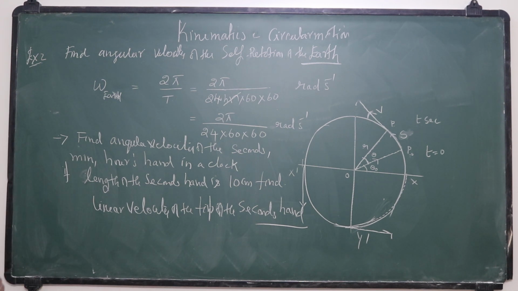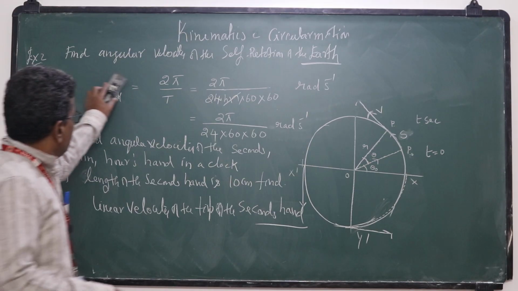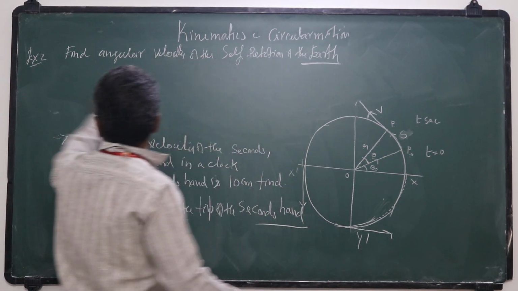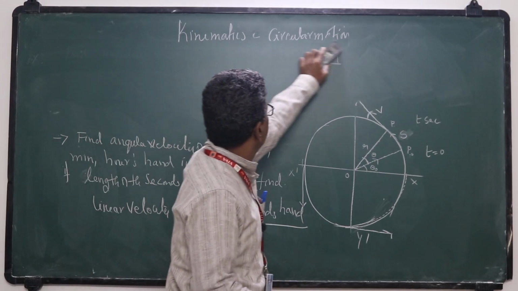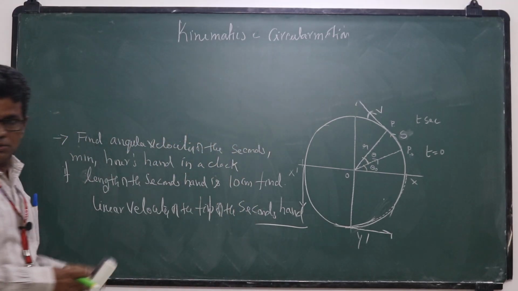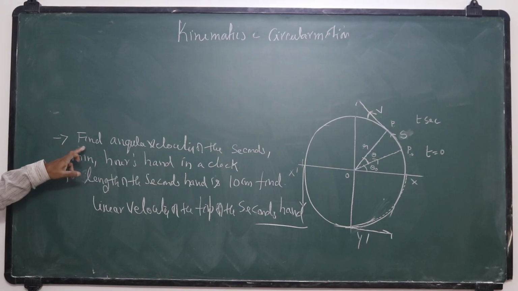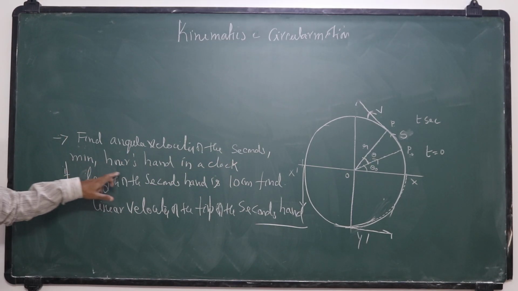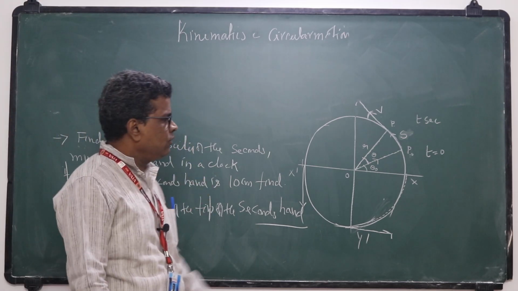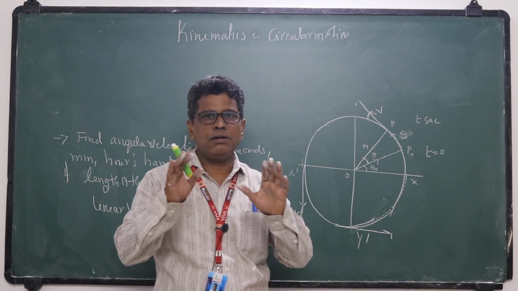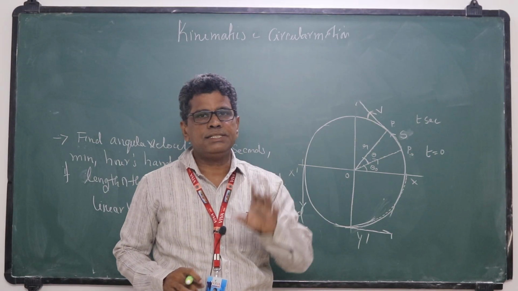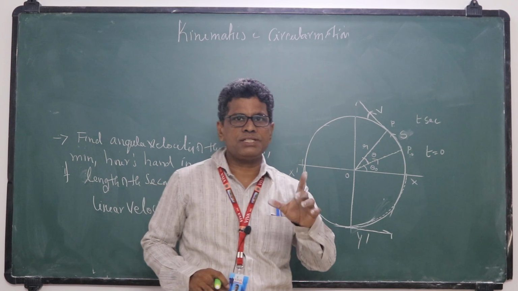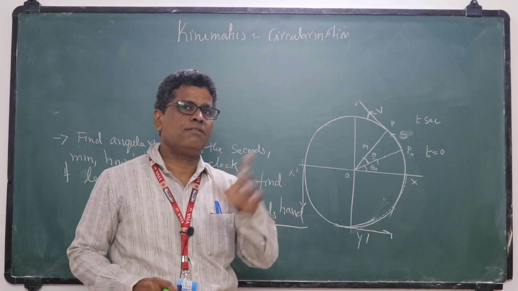How do you solve this problem? Find the angular velocity of the seconds, minutes, hours hand in a clock. You know that in a clock there are 3 hands: the seconds hand which shows seconds, the minutes hand which shows minutes, the hours hand which shows hours.